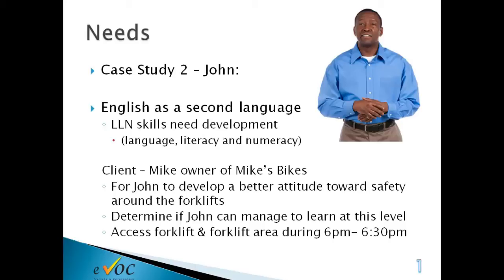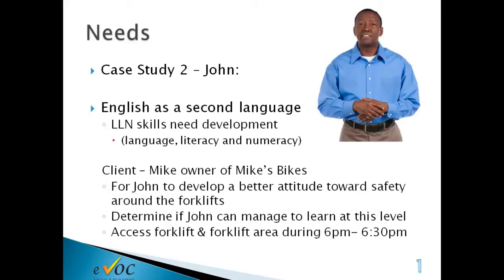If the learner isn't independently enrolling themselves, then there's possibly some reading issues if they're not able to read the online enrolment. There's possibly some writing issues, some communication. We haven't had any direct contact with John yet, so even his oral communication is in question at this stage.